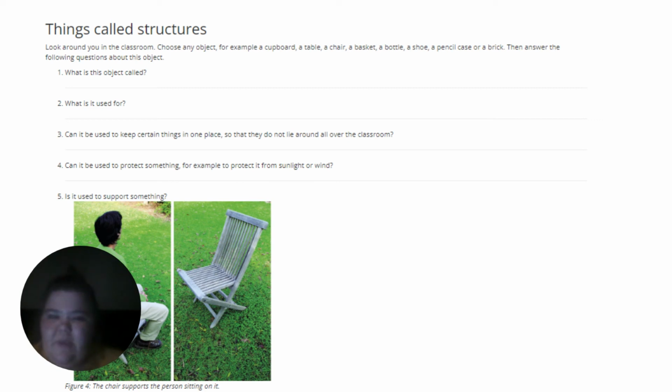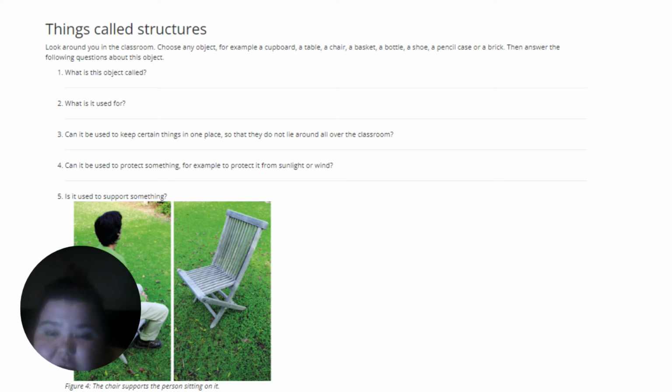So yes, we can use it to keep a few things in. Can it be used to protect something, for example, to protect it from sunlight or wind? Hmm. If I had a little animal, it could protect it from wind, but not right now. So I'm going to opt for no.